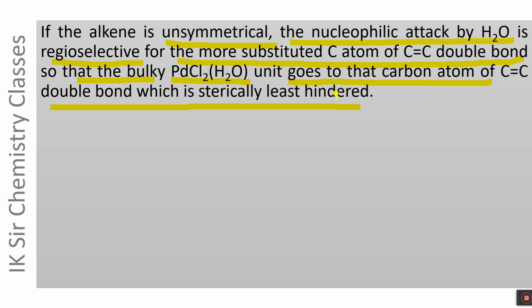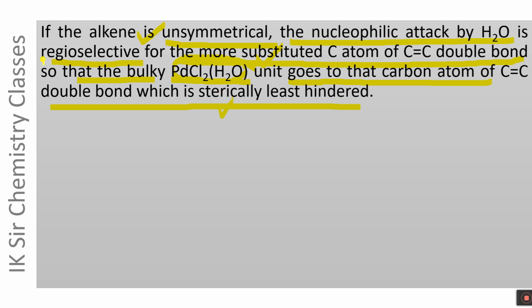It means if the alkene used in the Wacker process is unsymmetrical, the H2O molecule attacks that carbon atom of the carbon-carbon double bond which is more substituted, so that the bulky PdCl2H2O unit goes to that carbon atom which is sterically least hindered.